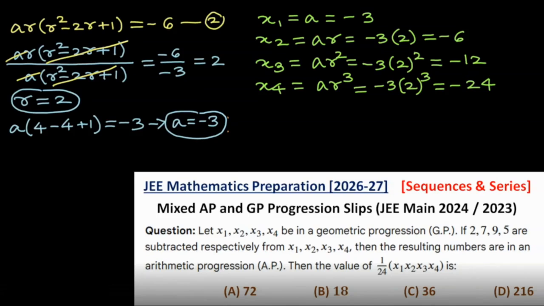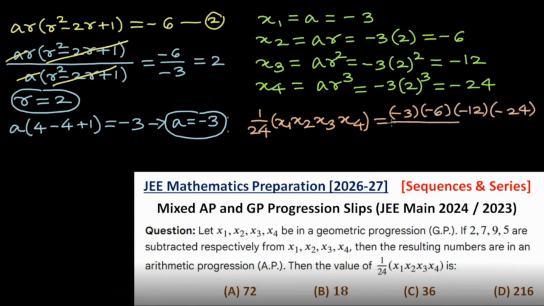Finally, we will calculate 1 by 24 into x1, x2, x3 and x4. That will be minus 3 into minus 6 into minus 12 into minus 24 upon 24. Cancelling 24, 18 into 12, 216. Hence, the correct answer option here is D, 216.